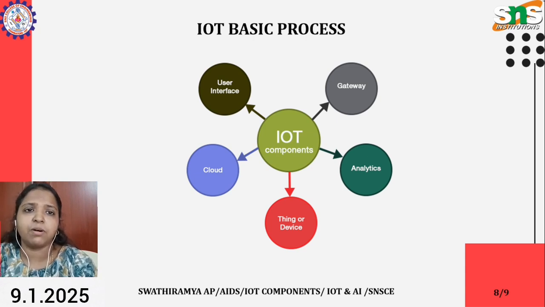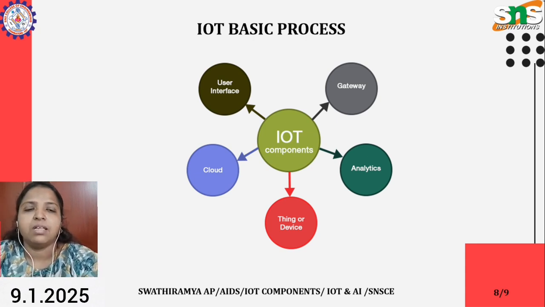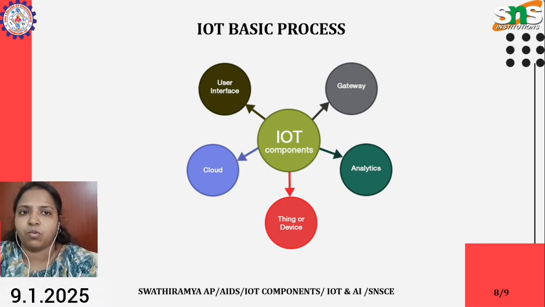The end purpose is that the user has to control the IoT devices with the help of this data. So the IoT system, through a web application or mobile application, presents the data to the users, which helps the user control or remotely monitor the IoT devices. These are the basic components needed to build an IoT system.